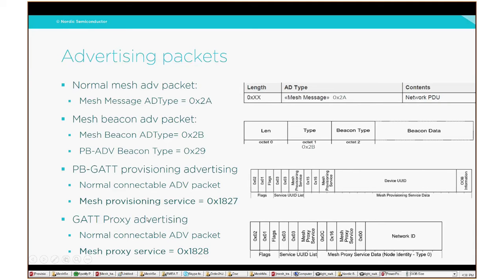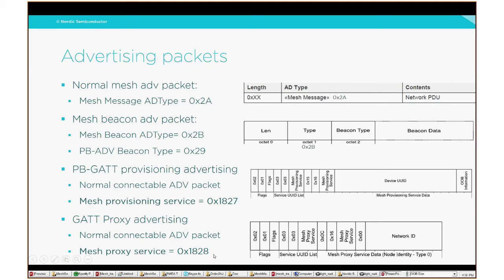And the fourth one is the GATT proxy advertising. It is a normal connectable advertising packet for the proxy service, meaning this is a proxy for the phone to connect to the network, or for a device that doesn't have PB-ADV to connect to the network. It's not about provisioning. It could be for configuration, of course, or for normal mesh operation. And the mesh proxy service has a value of hexa 1828.